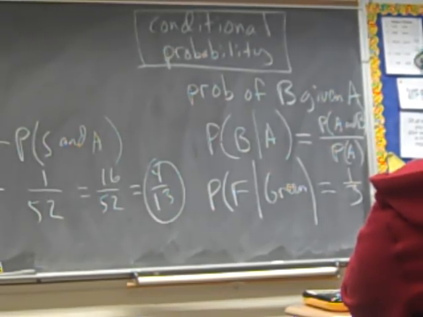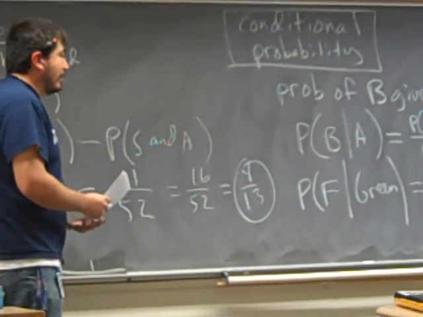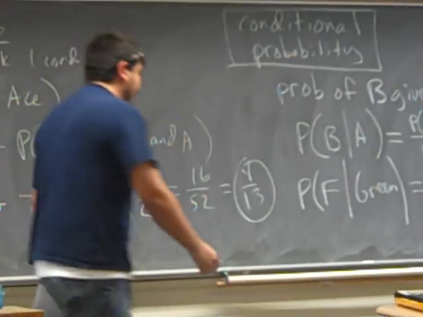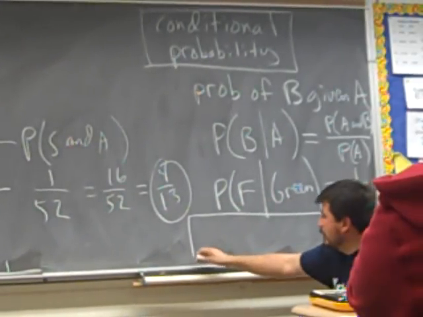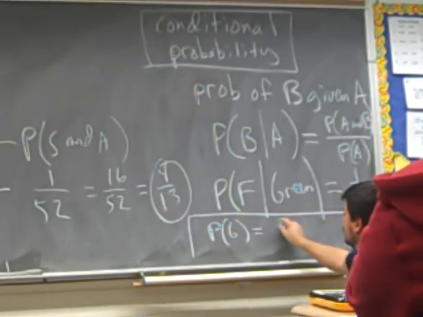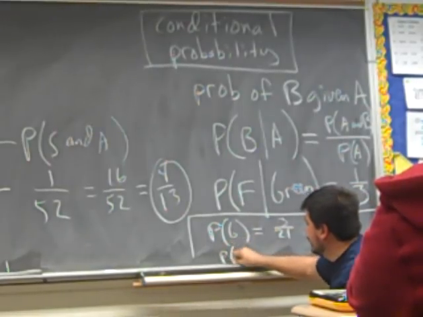Now, if we were to use the formula, let's say there were 21 people in the room, because otherwise my example doesn't make any sense. How many people stood up wearing green? 3, out of 21.